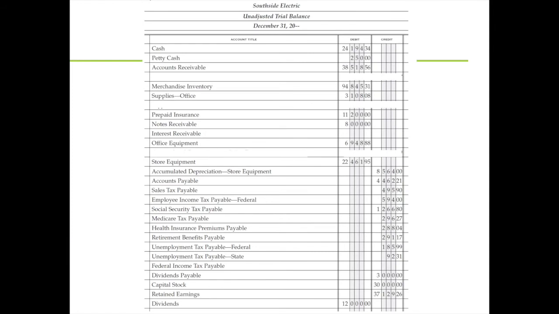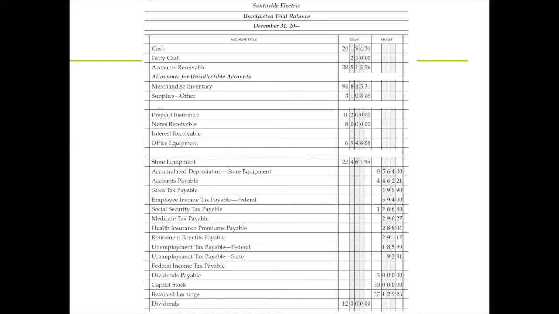Okay, on to the first one, the allowance for uncollectible accounts. So we have our unadjusted trial balance. You should be on page 427. We're going to write allowance for uncollectible accounts. We're just filling in some of the blanks. Instead of having you do the entire document, you're just going to get a little taste of it by entering some of the accounts.